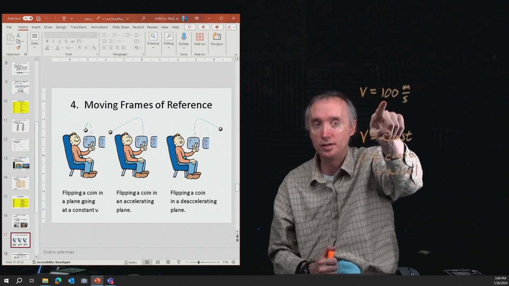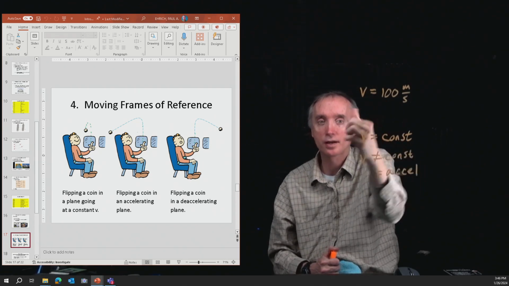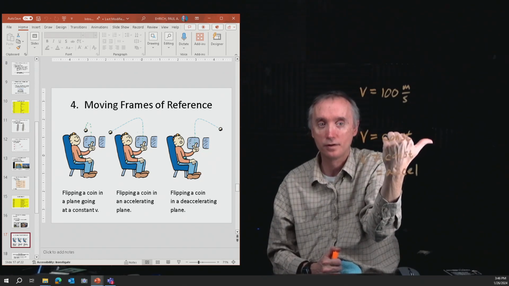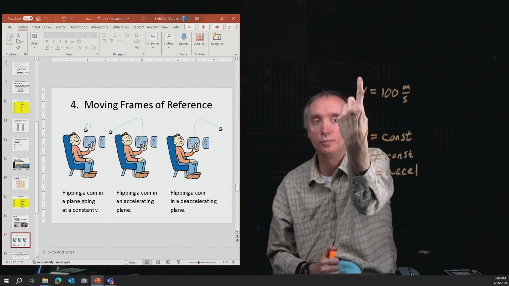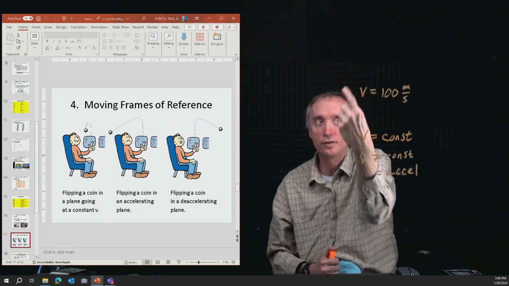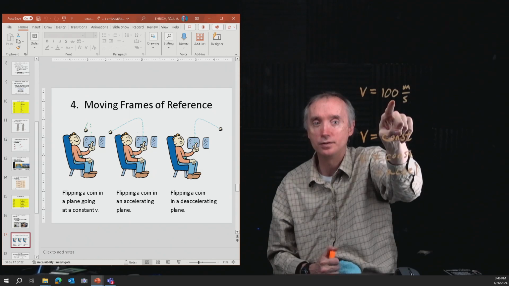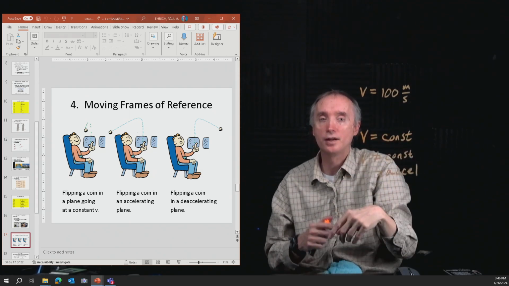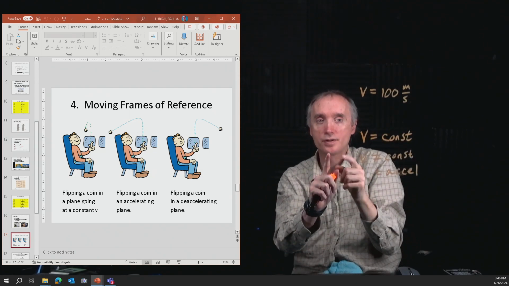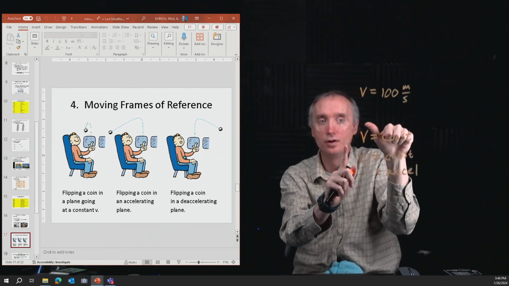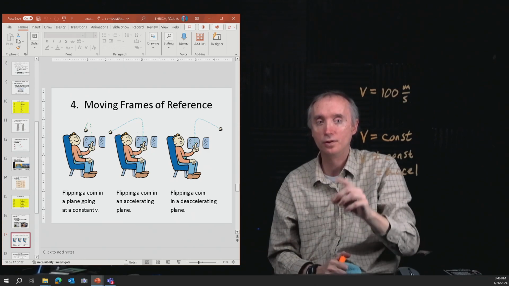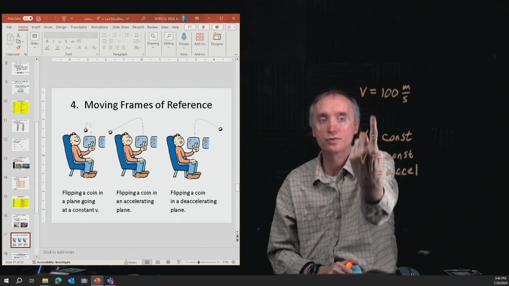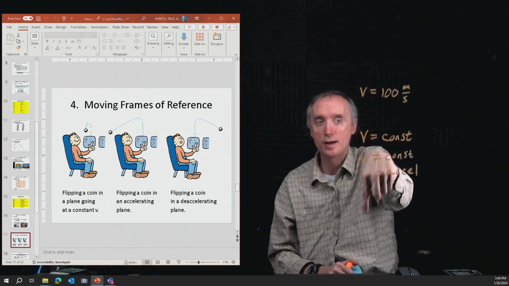So it's going to continue to have this speed of 100 meters per second sideways as it is traveling upwards. So if it has the same speed, then in a certain period of time, it's not going to move sideways relative to you. It's going to look as though it goes straight up and then comes straight back down.